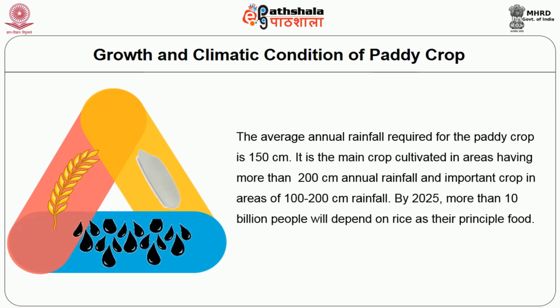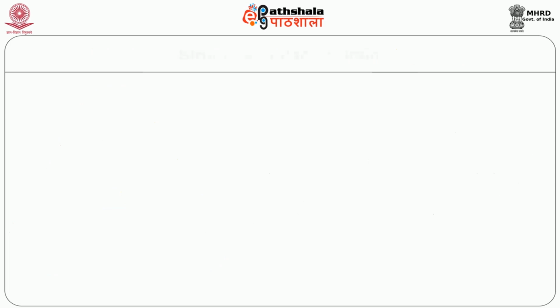The average annual rainfall for the cultivation of paddy is 150 centimeters. It is the main crop cultivated in areas having more than 200 centimeters annual rainfall and an important crop in areas of 100 to 200 centimeters rainfall. By 2025, more than 10 billion people will depend on rice as their principal food.